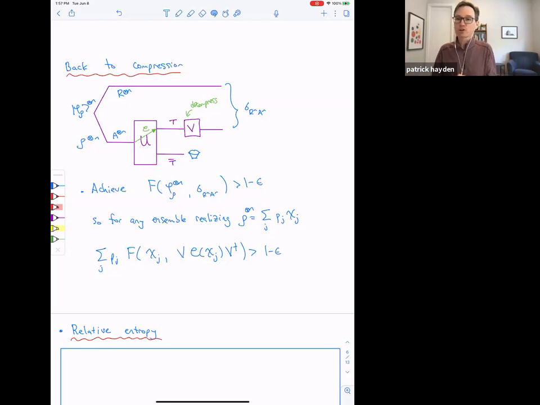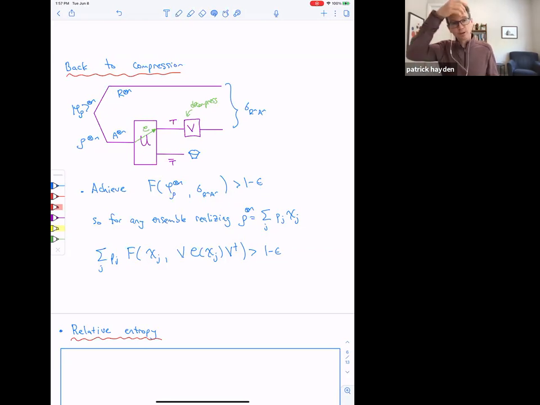So it's not under your control what rho is, or even the states of the decomposition. But the message here is you don't need to know what the ensemble is. You don't need to know what the purification is, because there's one compression procedure that works in all cases, and it will always do the job. So you can be completely oblivious to the details of rho.